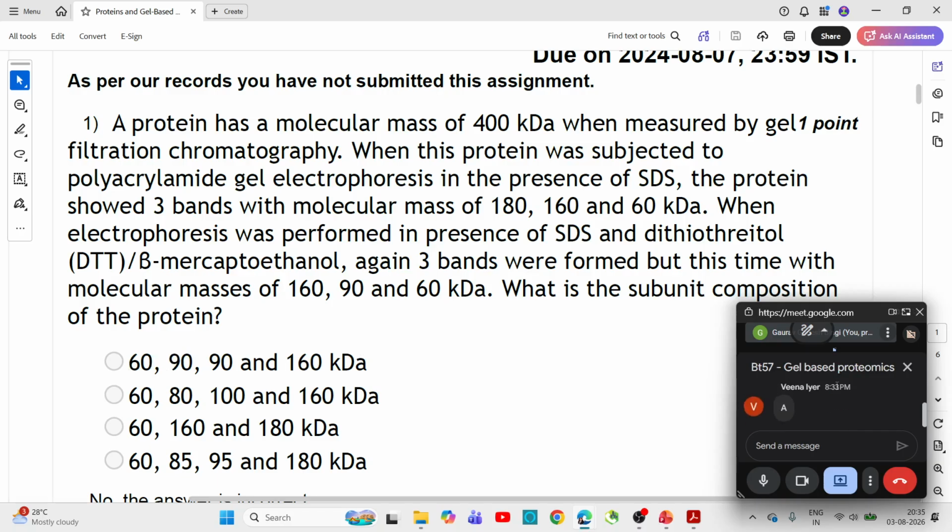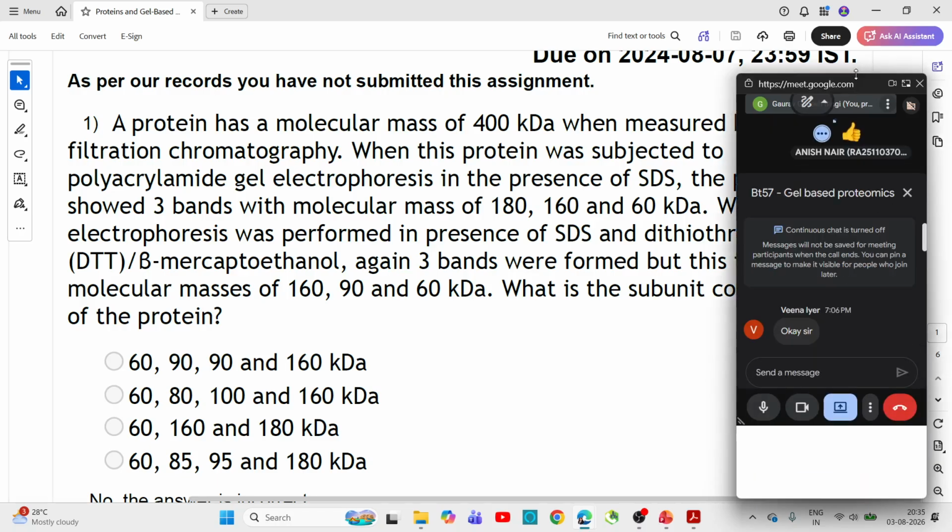Others who could not solve this specific one, Alpana and Veena Iyer could do it, but I don't know about the others. Are you all there? Yes, Ray, if you are here, and I don't know who all are present.